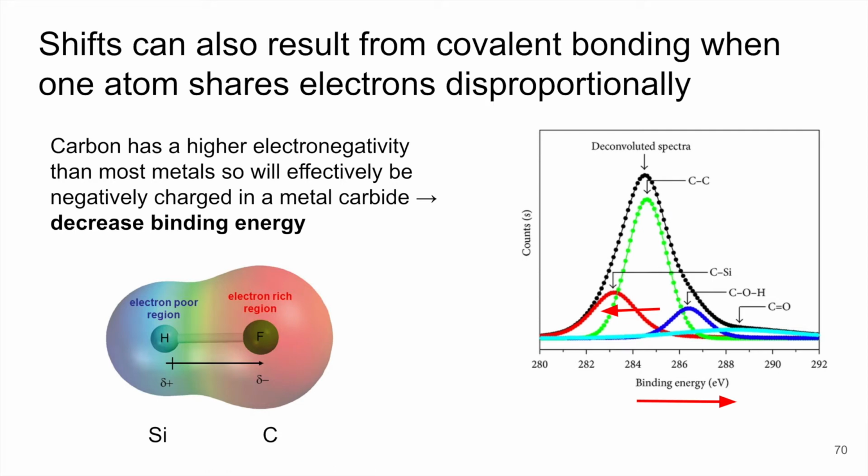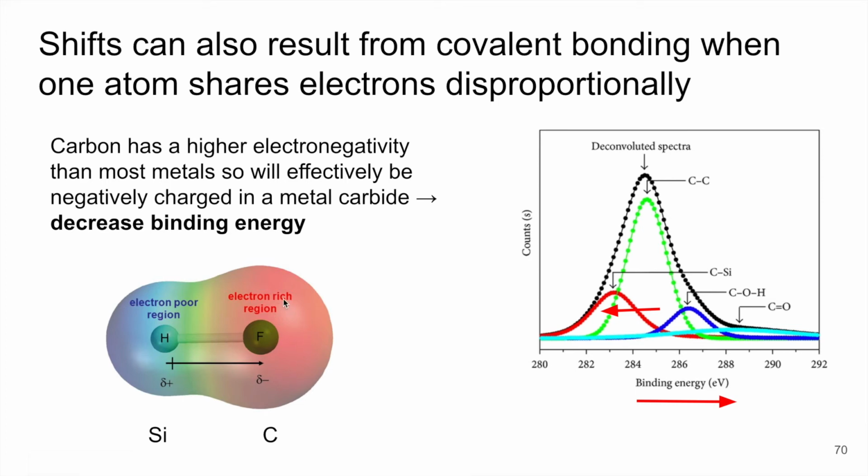Another thing, if we're talking about charge, we're typically talking about ionic bonding, but covalent bonding can also affect the binding energy of a peak. How much time an electron spends around a relative element will therefore affect it. In this example, carbon has a higher electronegativity, so it's effectively more negatively charged.